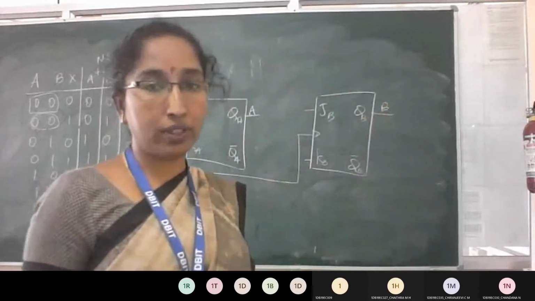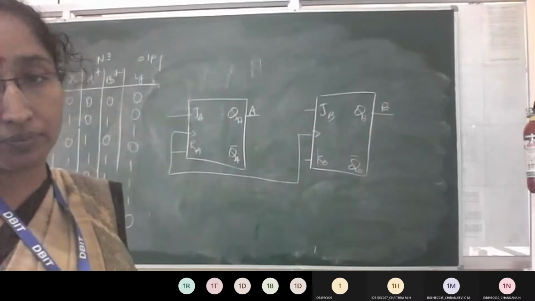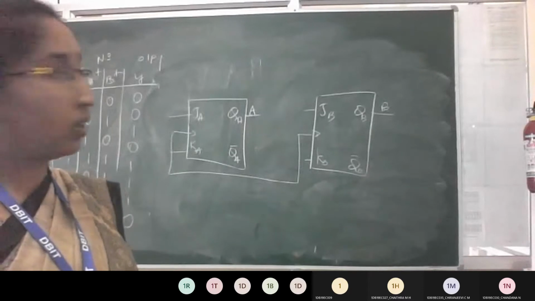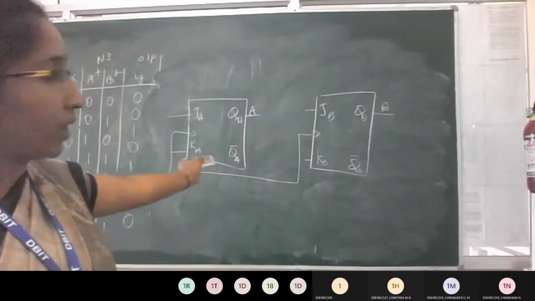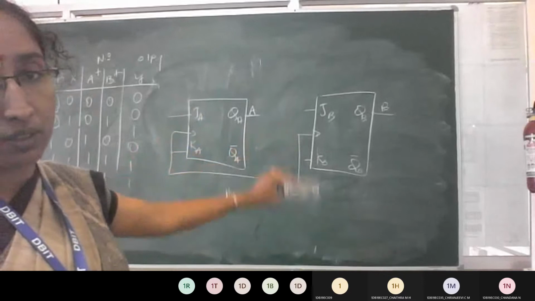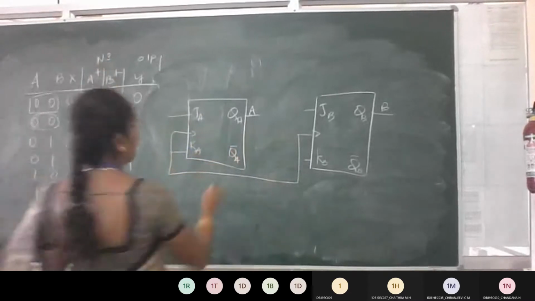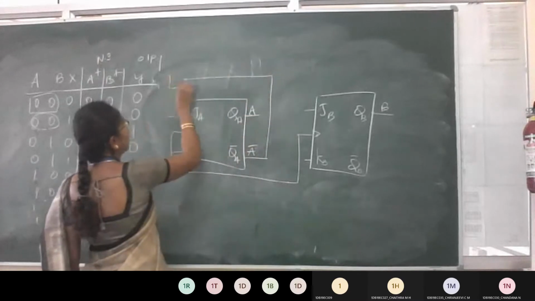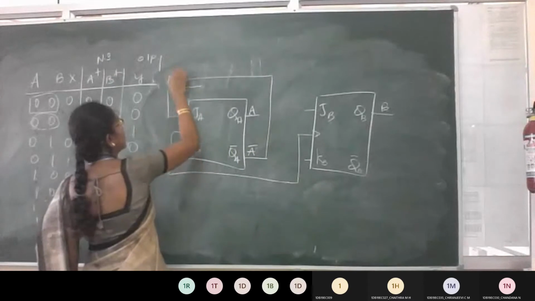So you need to draw a K-map with the inputs. What are the inputs we have taken here? A B X. So we'll get an expression in terms of A, B and X. A bar means QA bar, and B bar means QB bar. For example, if you got JA as A bar X, then A bar and X I'll take with an AND gate.